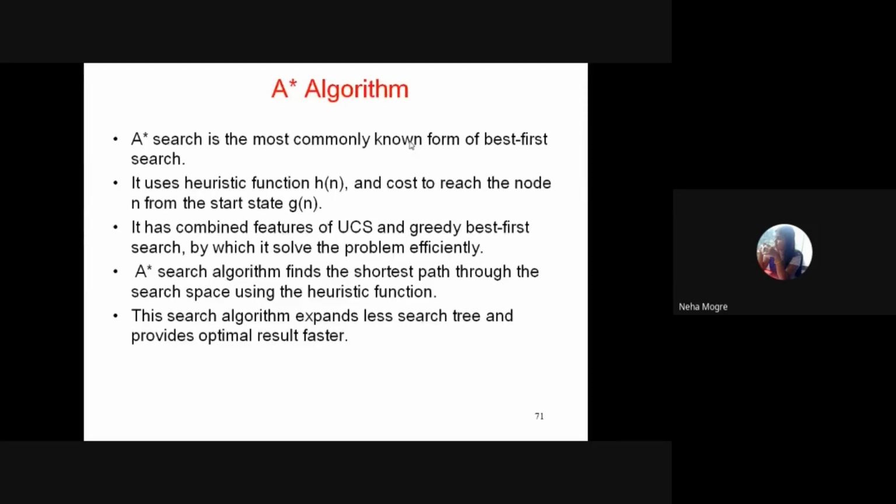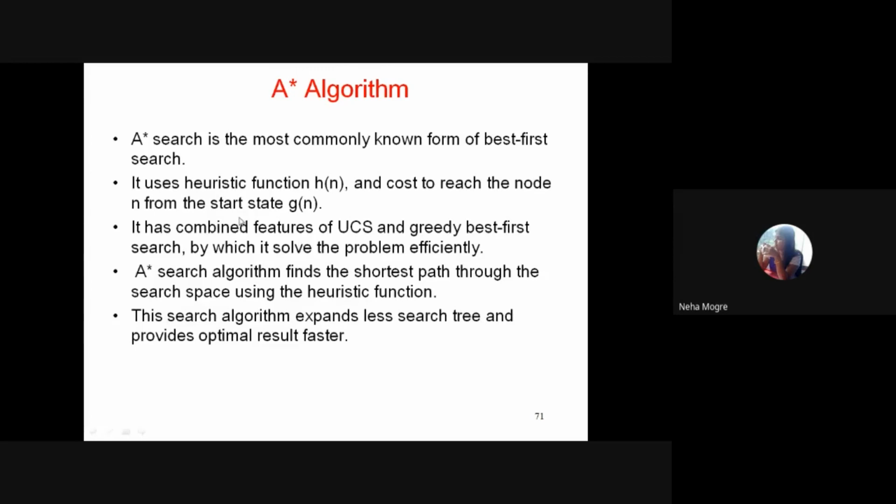Now it uses the heuristic function h of n. So h of n is the heuristic value. How to calculate this heuristic value, that also I have given you in the example. The cost to reach the node n from the start state is g of n. It has the combined features of uniform cost search and greedy best first search.